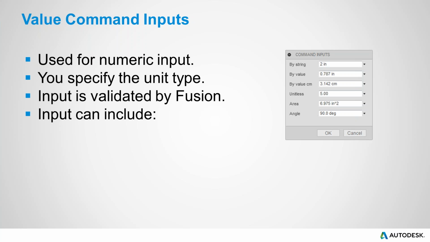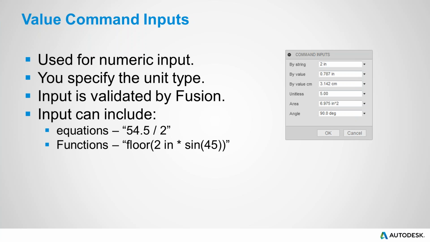And the input that the user types in here can include equations, so they could do something simple like this would be valid. They can use functions, and in the Fusion help there's a topic that describes the functions you can use when creating parameters. You can do the same things here.